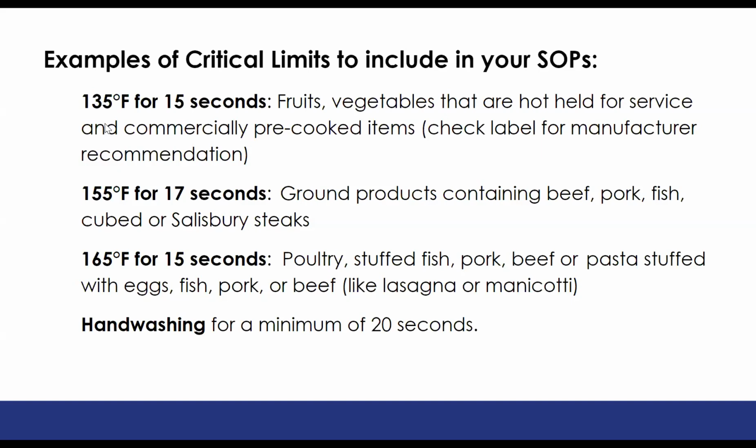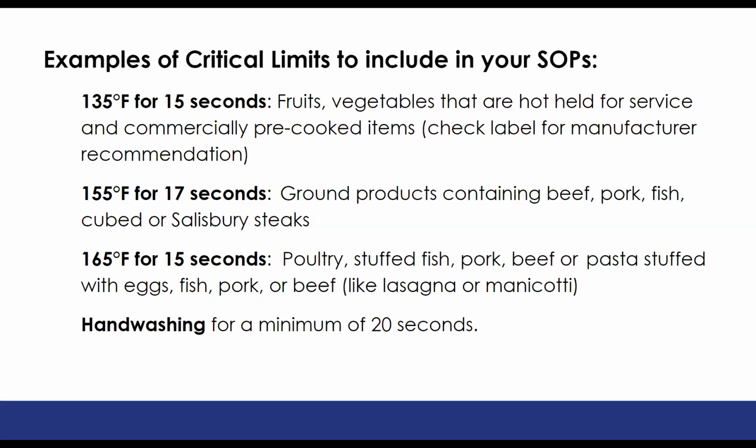A critical limit for fruits and vegetables that you're going to hot hold is to cook them to 135 for 15 seconds. This also includes any commercially pre-cooked items such as turkey and ham slices, or chicken slices for sandwiches.